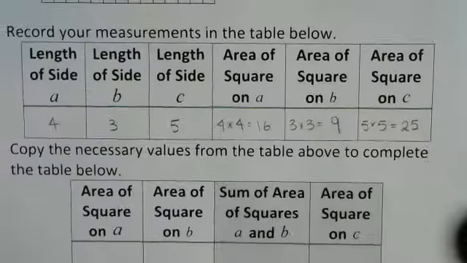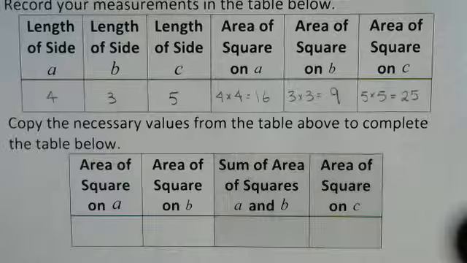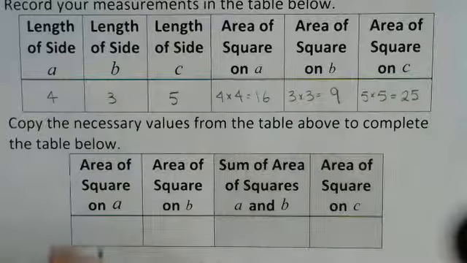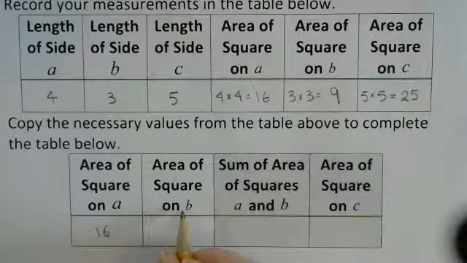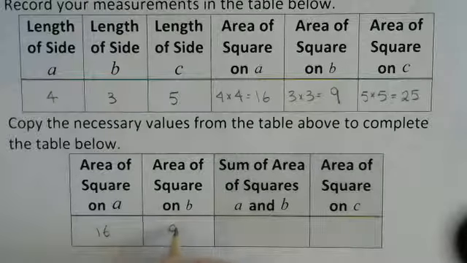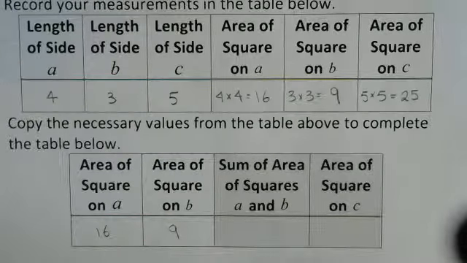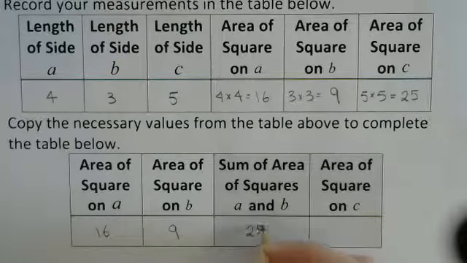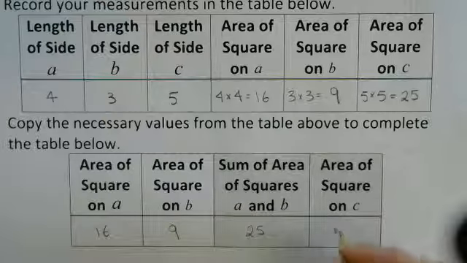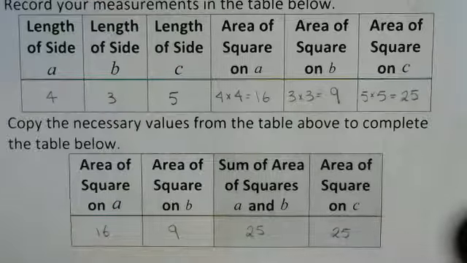So if we take a look at the relationship between the areas of all these squares, this one is 16, area of square A. Area of the square on B would be 9. And the sum of these two would be 25, which is the same as the area on here.